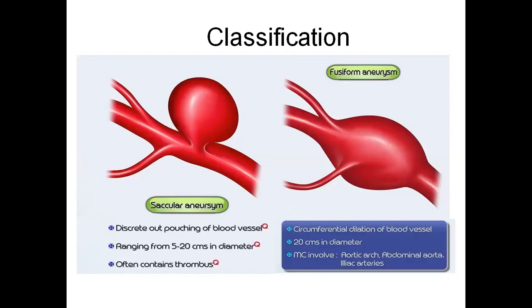That is, the whole diameter of the vessel will dilate. Its dimension can be somewhere between 5 to 20 centimeters, and in some cases it is very large. The main sites of involvement are usually the aortic arch, abdominal aorta, and iliac arteries.